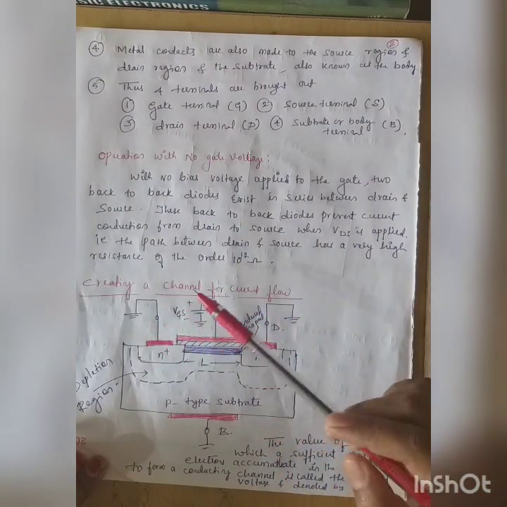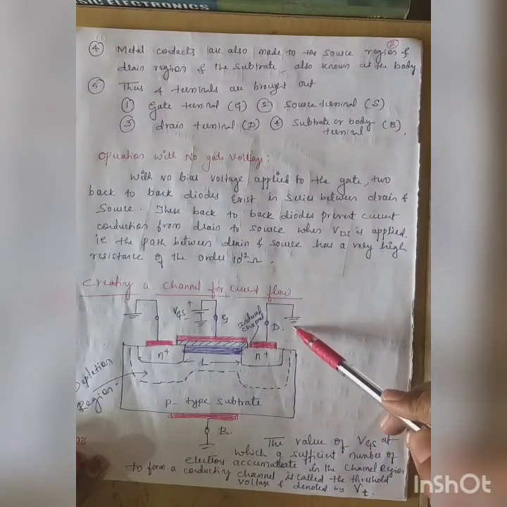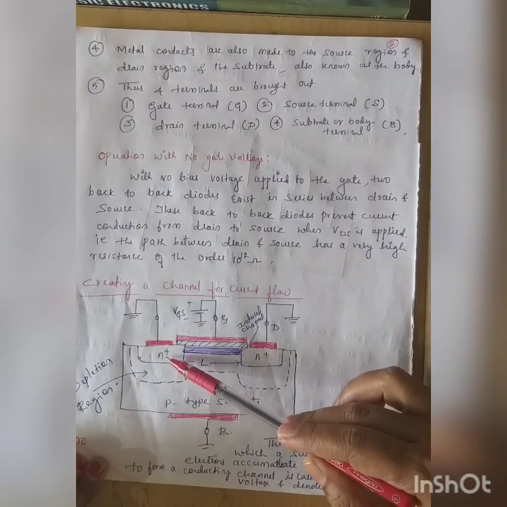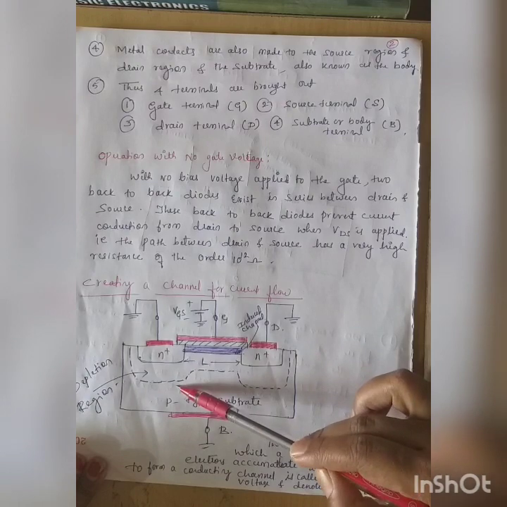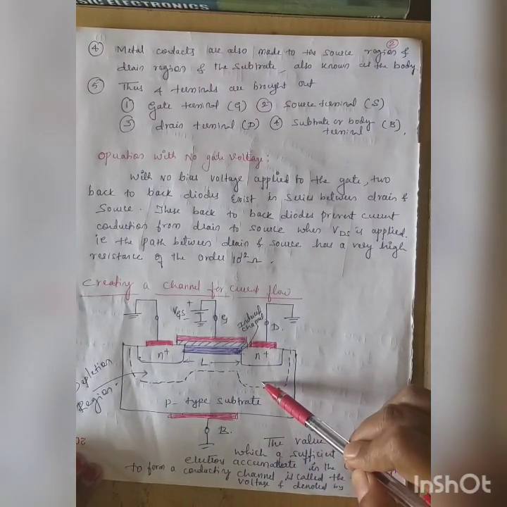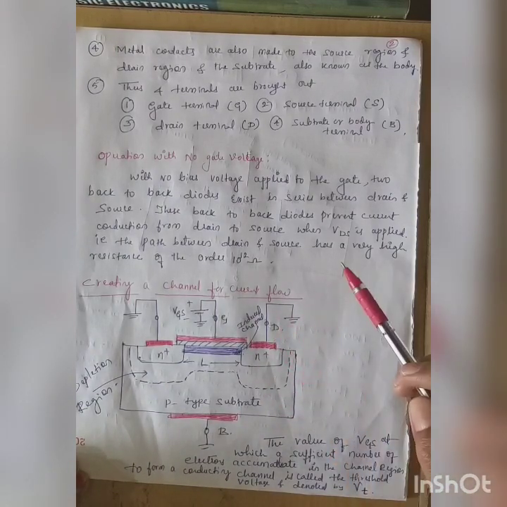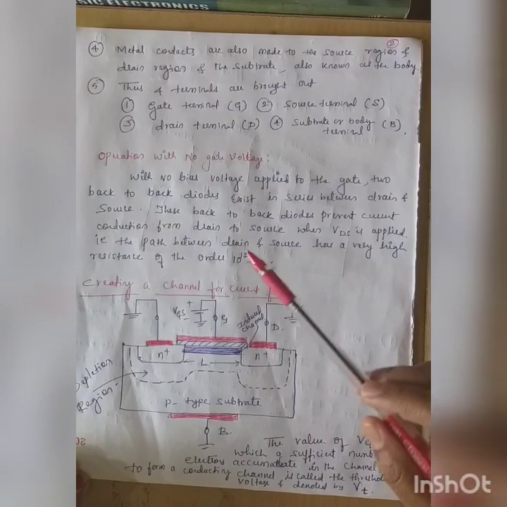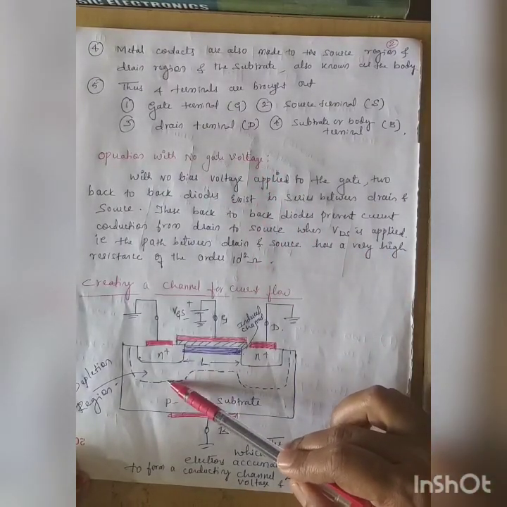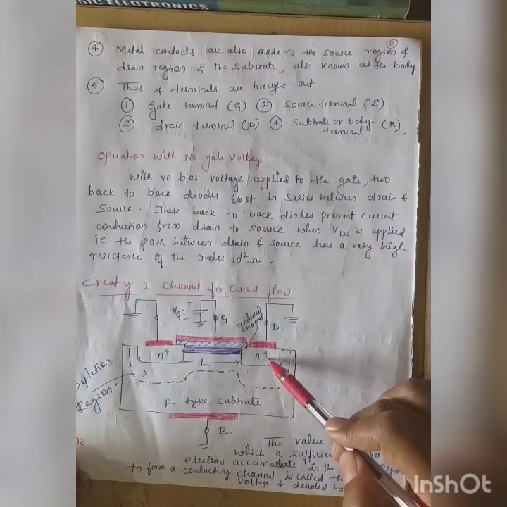Here also it is grounded, VG also is grounded, this is also grounded. So it is just going to be two PN junctions. One is this PN junction, another is this PN junction. This is the operation with no gate voltage.